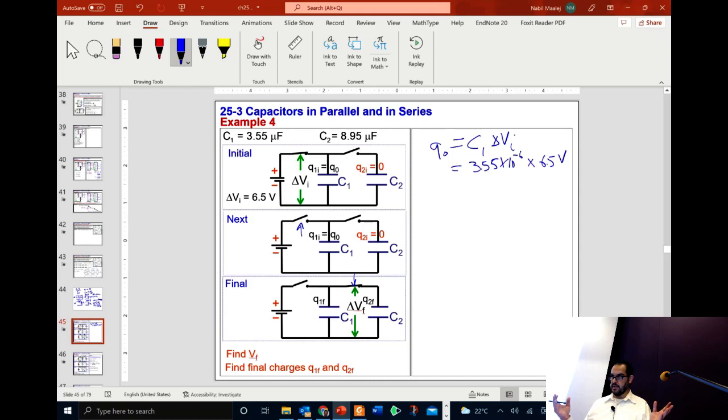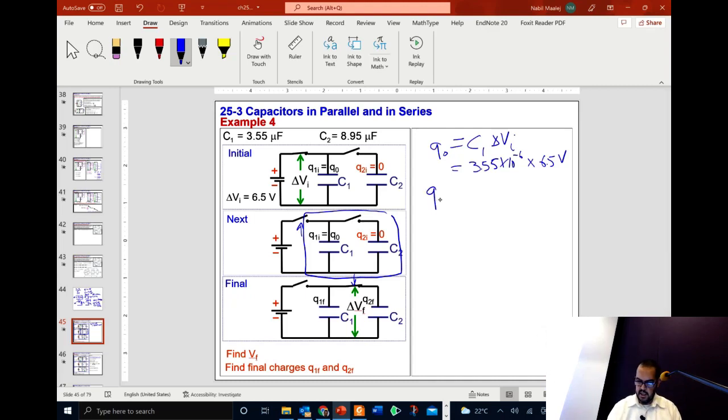The total charge. Will it vary? The total charge is going to be the same because these two capacitors are not connected to anything else. The original charge that was on the first capacitor will redistribute, but if you add Q1 final and Q2 final, it will still be the same as the initial charge, because charge is conserved, it has nowhere to go.